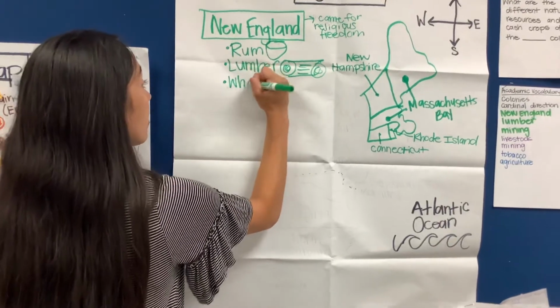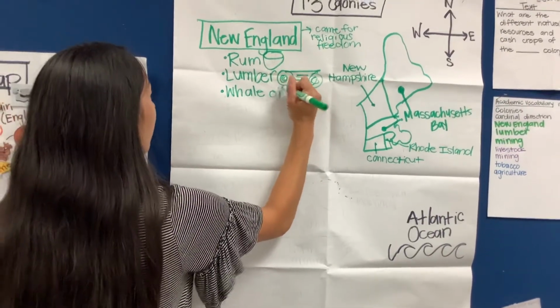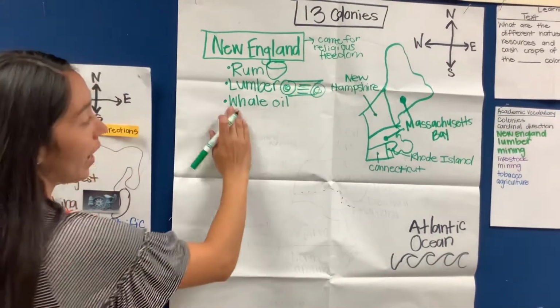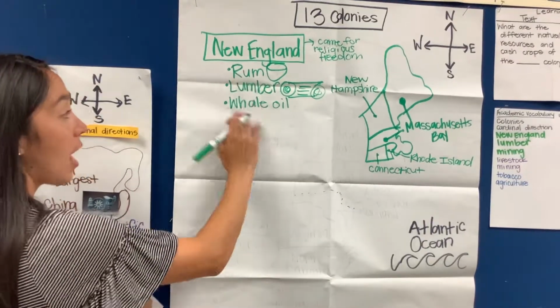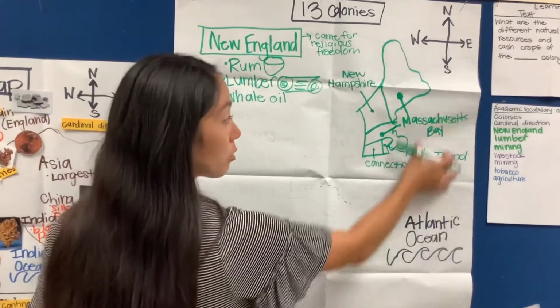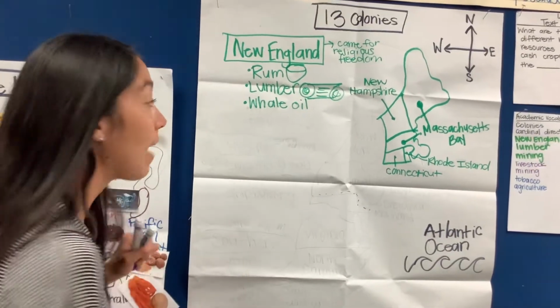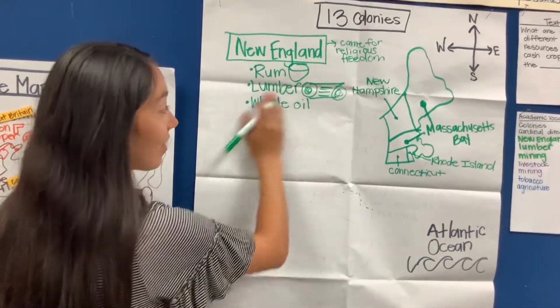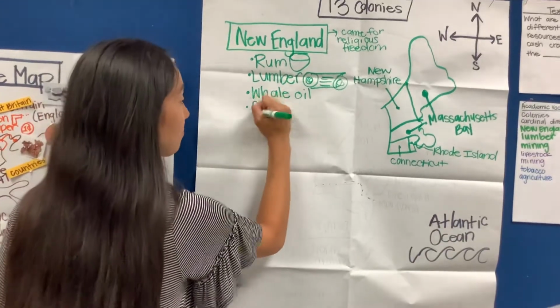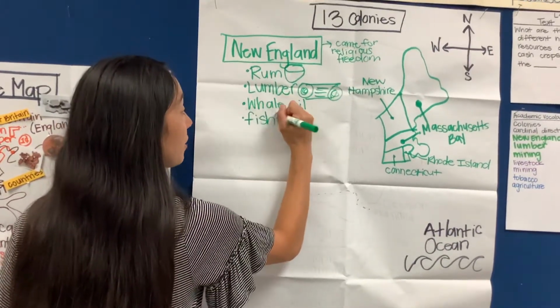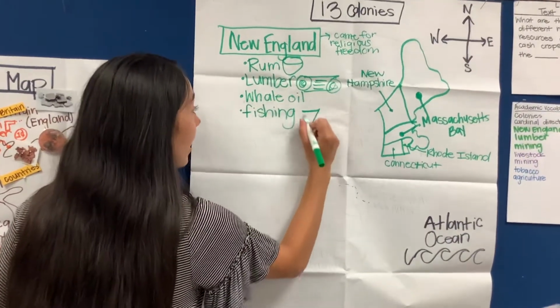In addition, they had whale oil. Read that with me. Whale oil. They got whale oil because they were so close to the Atlantic Ocean. They used whale fat and got whale oil out of that. In addition, they had fishing.